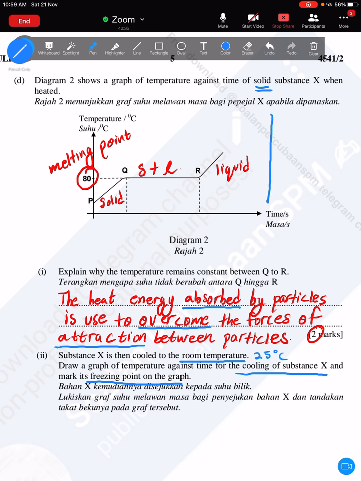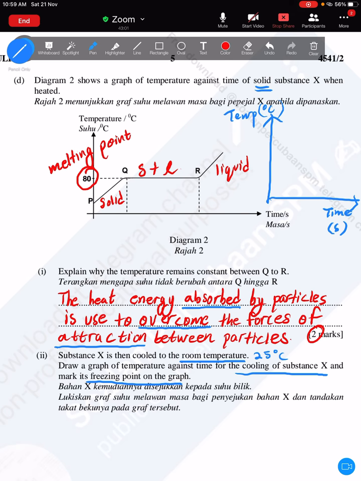You draw the same stuff, you have the y-axis and the x-axis. Always remember that y-axis is the temperature in degrees Celsius, and the x-axis will be your time taken in seconds. Cooling, when I say cooling, the temperature is going downward. The temperature is decreasing.